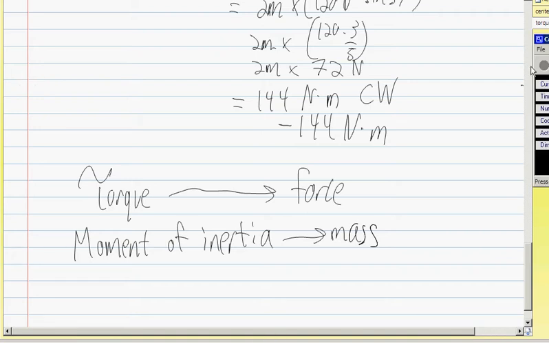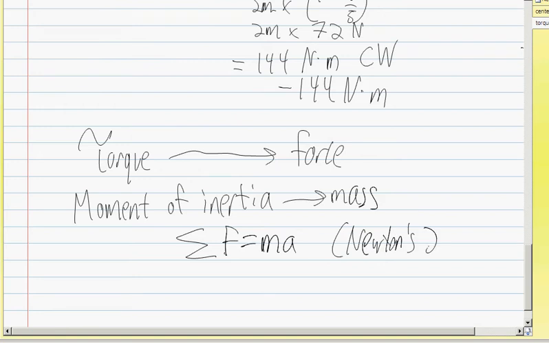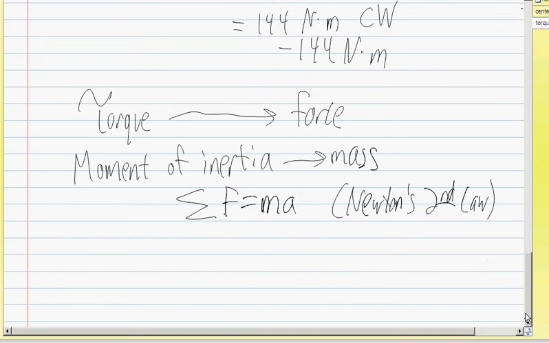Okay. And that makes sense. Back in the day, we had the old force equals mass times acceleration, of course, Newton's second law. And we're going to have the same thing for rotation.